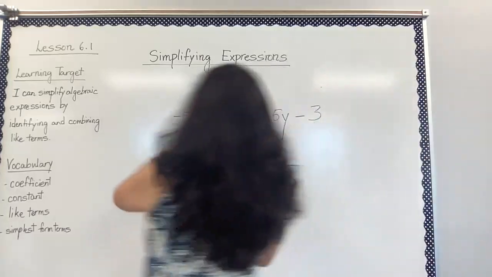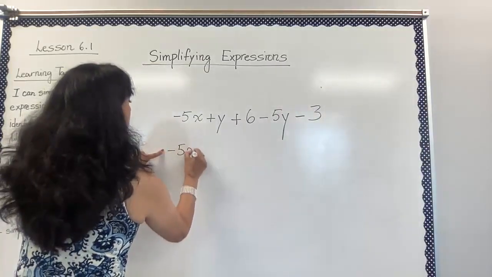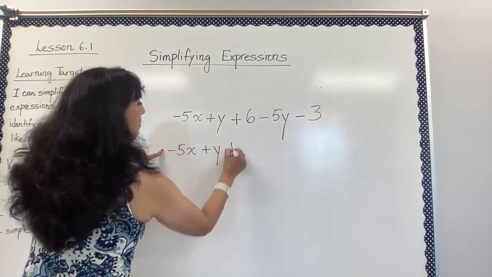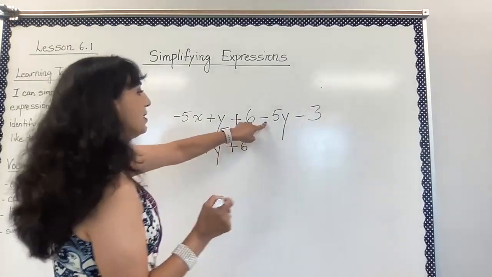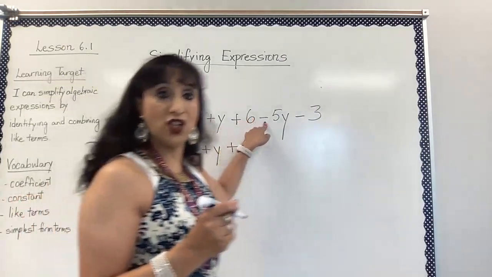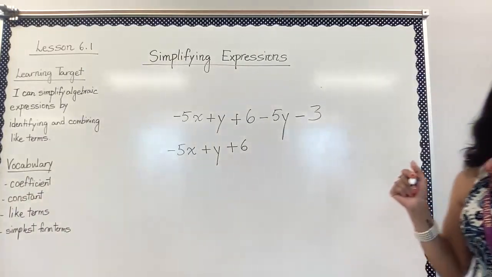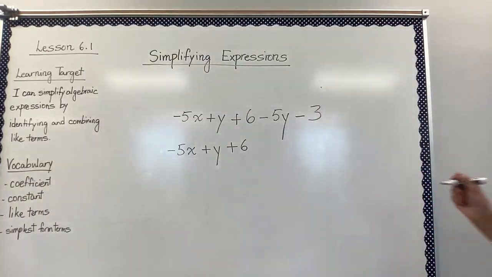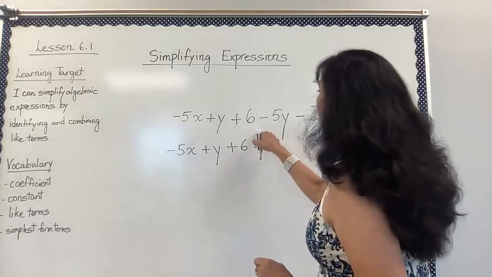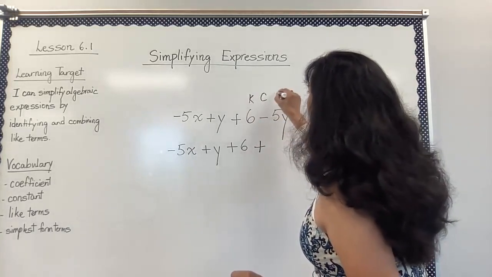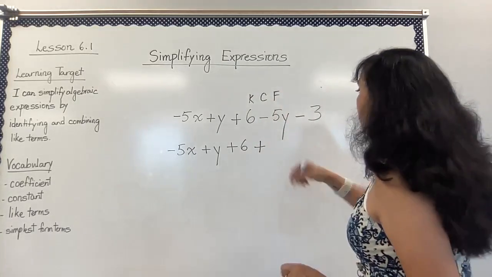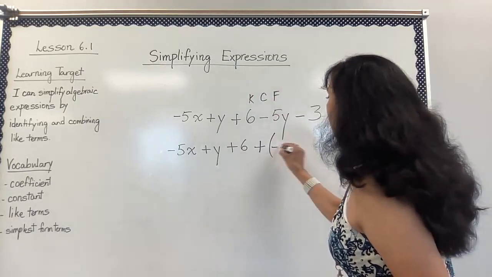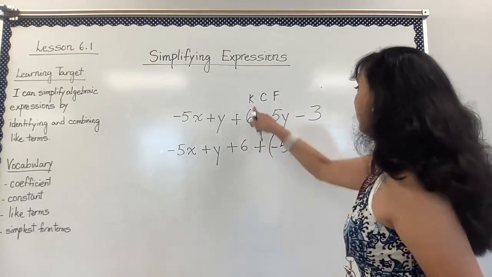Okay, so I have minus 5x plus y plus 6. This I am going to now change. Okay, because the minus 5y, what is that going to become? It's going to become plus. So here, keep, change, flip the sign. Same thing here. Okay, so plus negative 5. So I've kept 6.